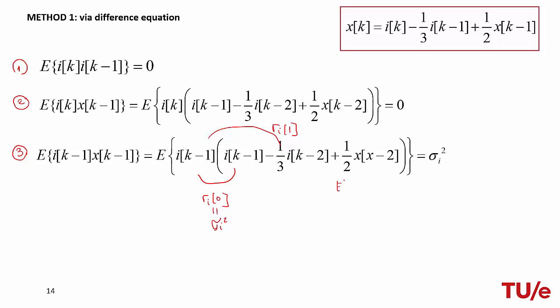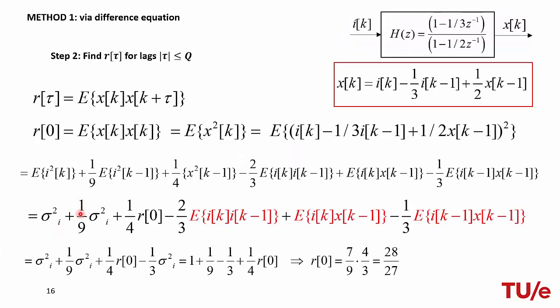I get the expectation of I k minus 1 times x k minus 2, and this will give me noise components shifted by L with L always larger than 1, and therefore the expectation of this product will give me 0. So the only component different than 0 is the first one, and I get sigma I squared.